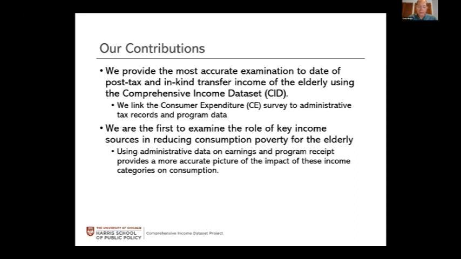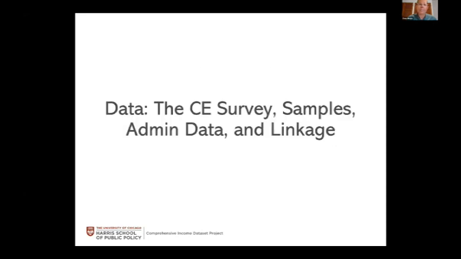We link the Consumer Expenditure, or CE survey, to administrative tax records and program data. We are also the first to examine the role of key income sources in reducing consumption poverty for the elderly. Using administrative data on earnings and program receipt combined with the consumption data provides a more accurate picture of the impact of these income categories on consumption.